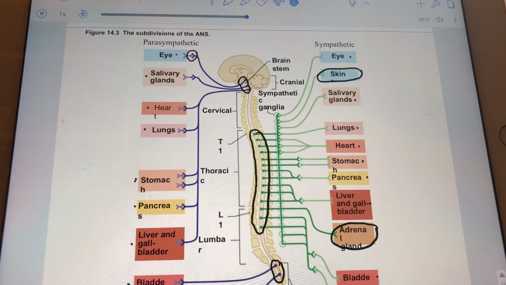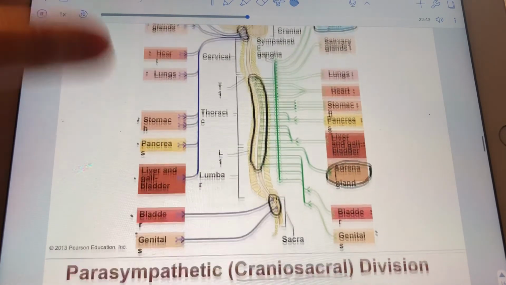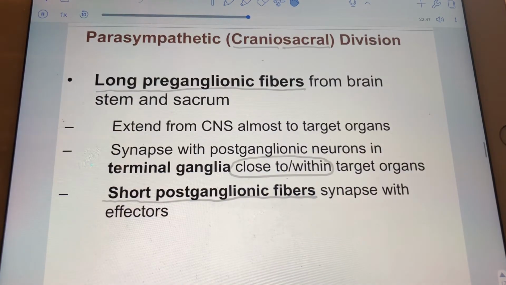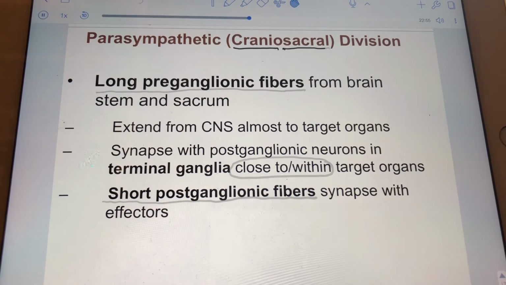And that's definitely a theme, okay? So let's move on to slide 17, which actually reiterates what we've just established. The parasympathetic nervous system, that preganglionic fiber, it either originates from the brainstem or the sacrum.